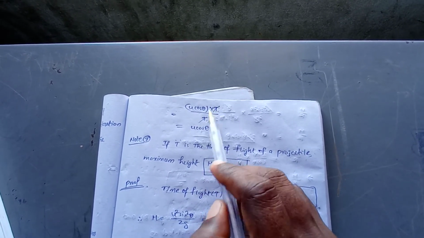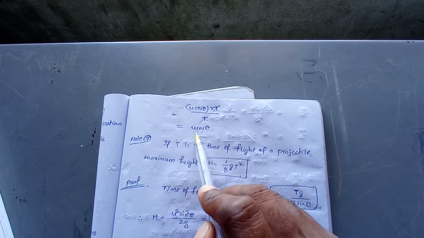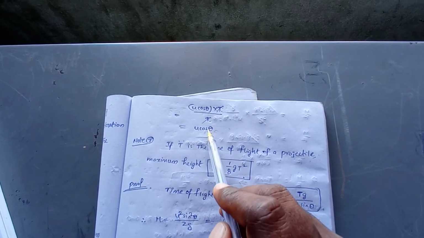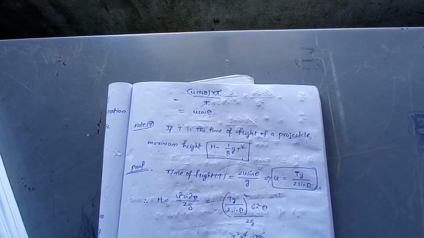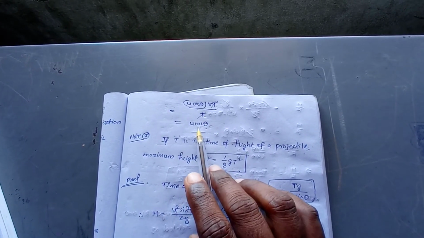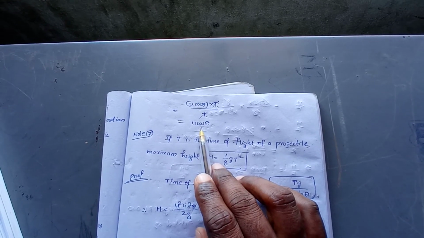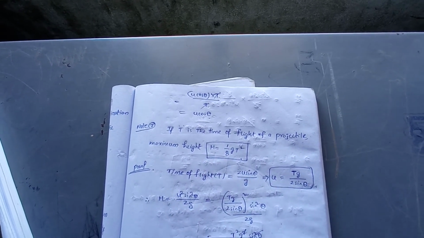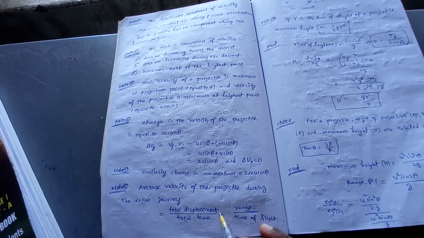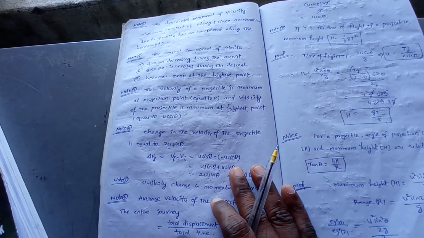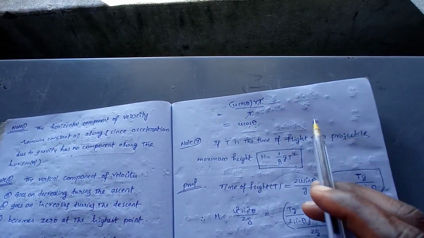So T and T get cancelled. What is the remaining term? U cos theta. So what is the average velocity? Average velocity of the projectile is equal to the horizontal component of velocity, u cos theta.